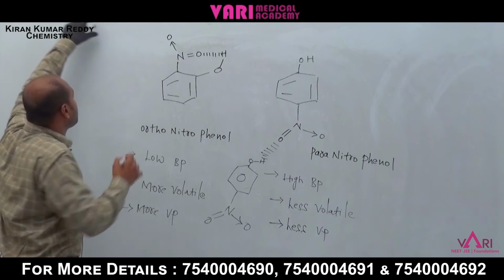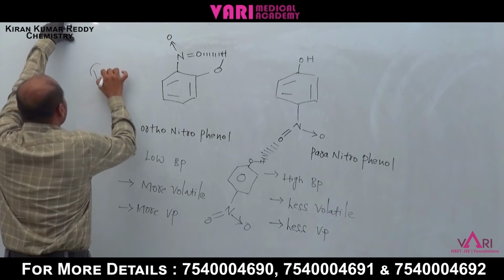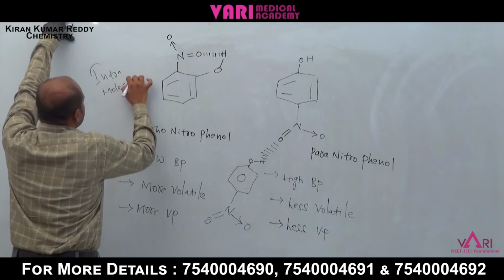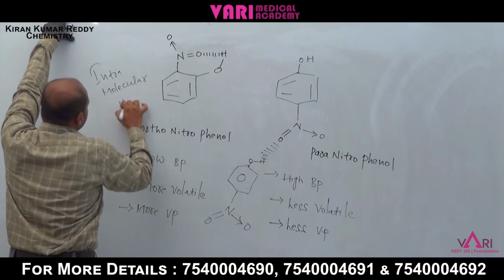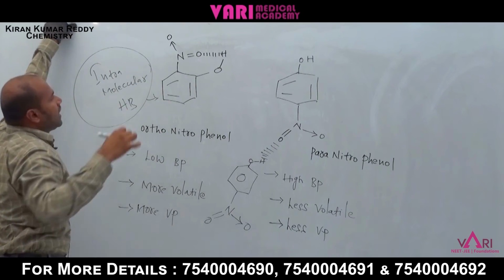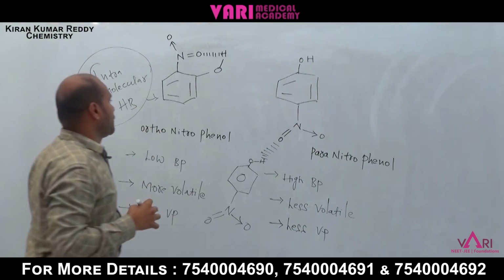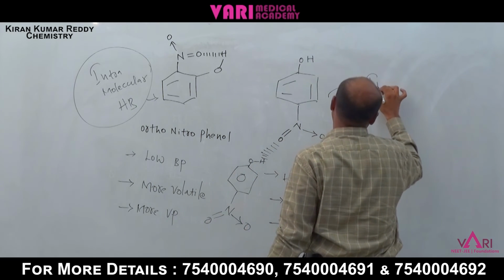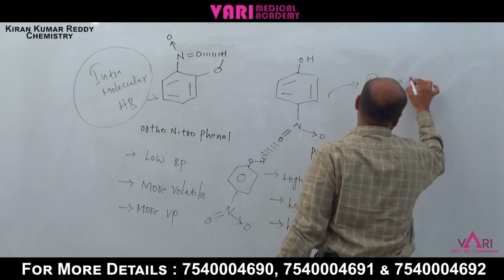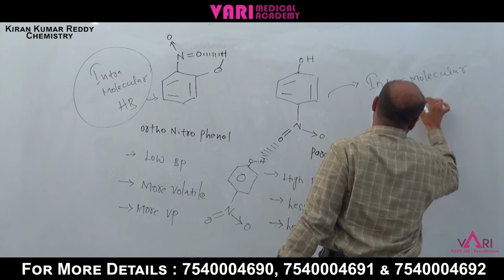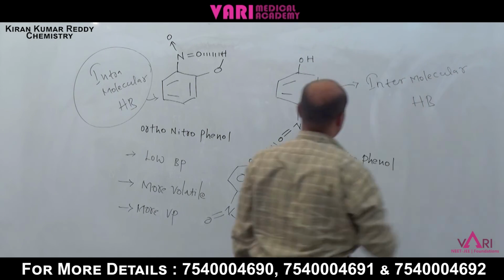Orthonitrophenol is an example of intramolecular hydrogen bonding, HB. If you take paranitrophenol, it is intermolecular hydrogen bonding. HB means hydrogen bonding.